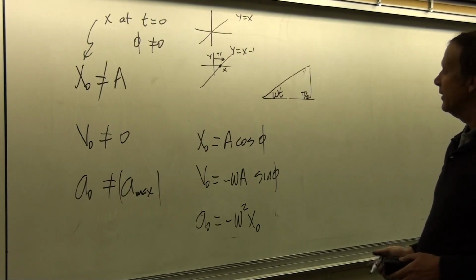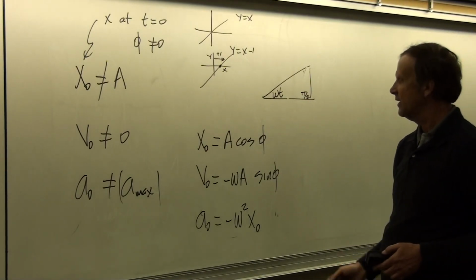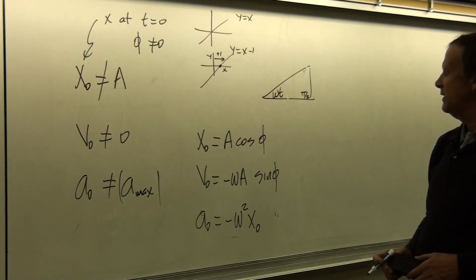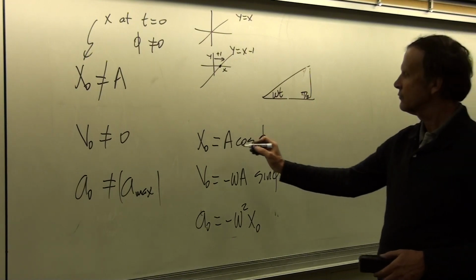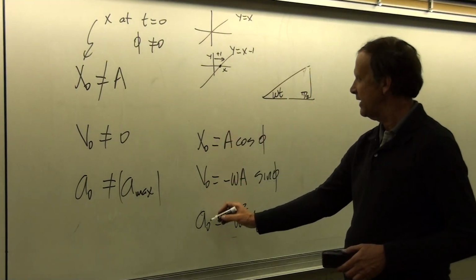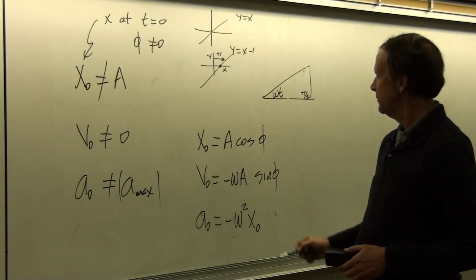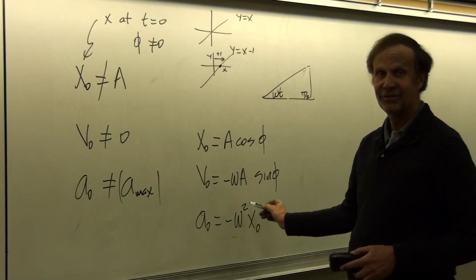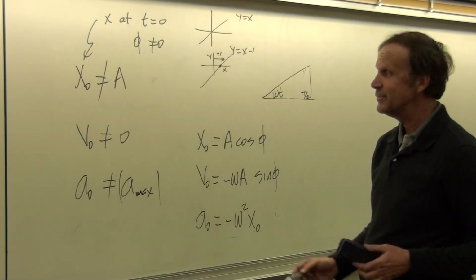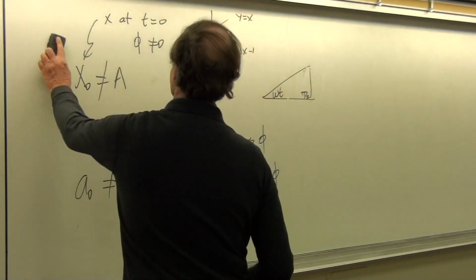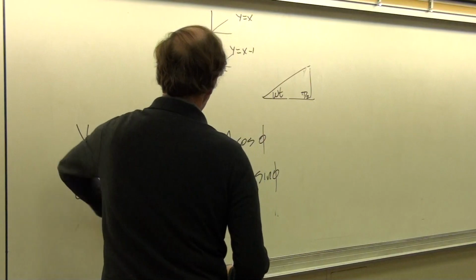Okay, and so from these initial conditions, if we know what x naught, v naught, and a naught are, then we can determine the amplitude and we can determine the angular frequency.